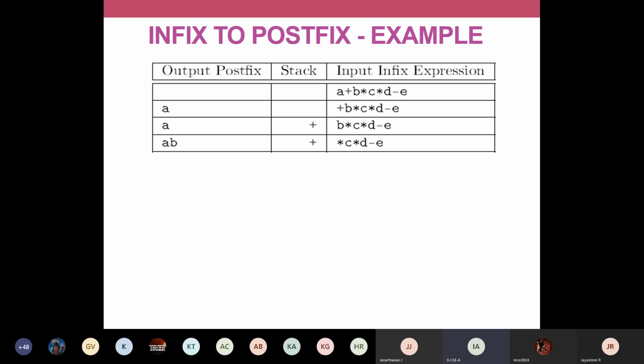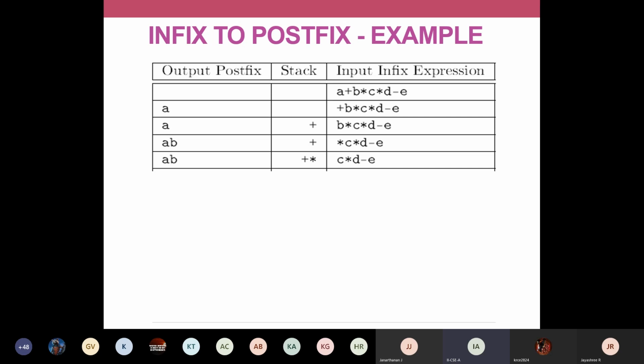If the stack has a greater precedence, we are going to pop the stack content. But if star has the highest precedence, we should not write this plus into the output. We have to push the star into the stack. Only if the precedence of stack content is greater than the precedence of the input token, you have to pop the stack content.